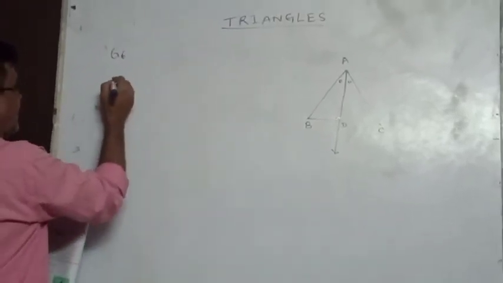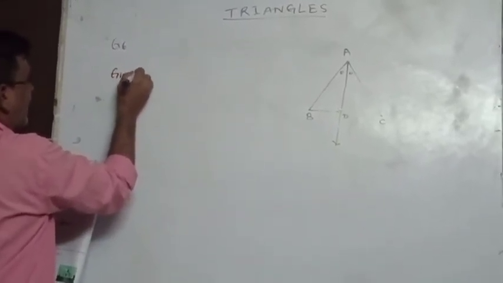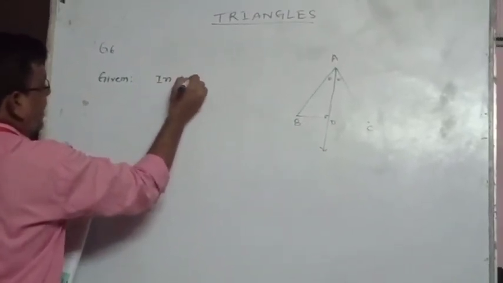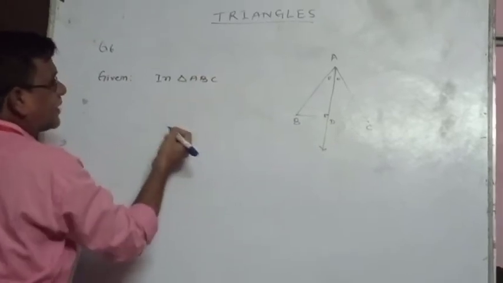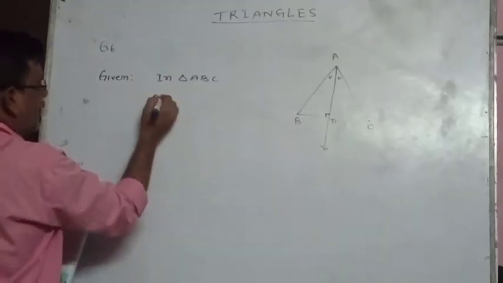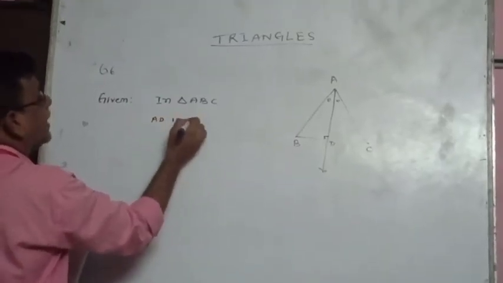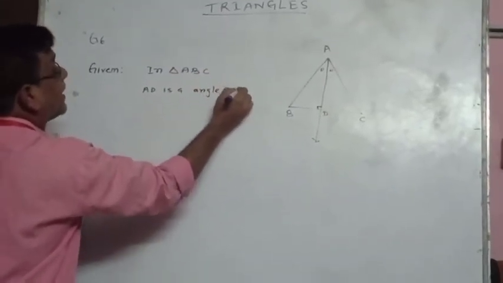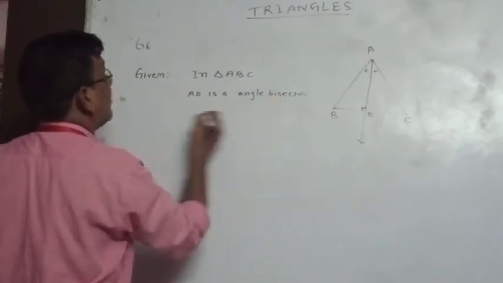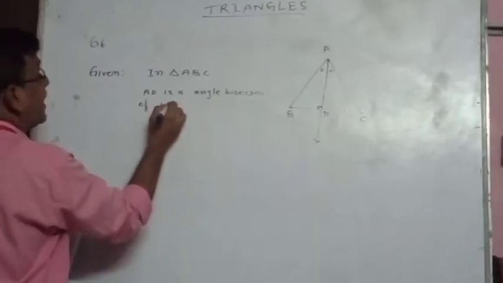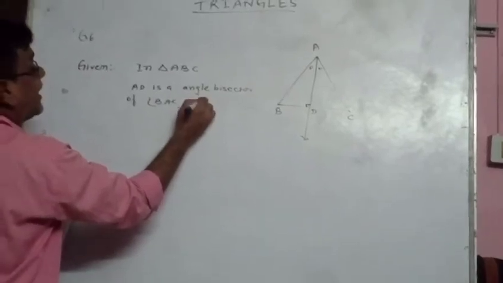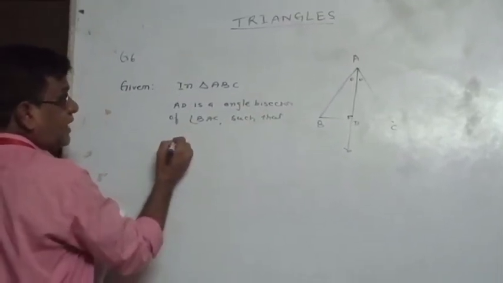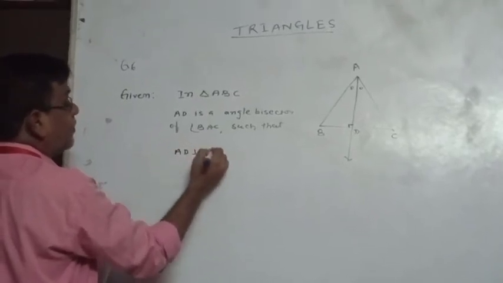Now what is given? See here. With the diagram you have to write down the given also. In triangle ABC, AD is an angle bisector of angle BAC such that AD is perpendicular to BC.